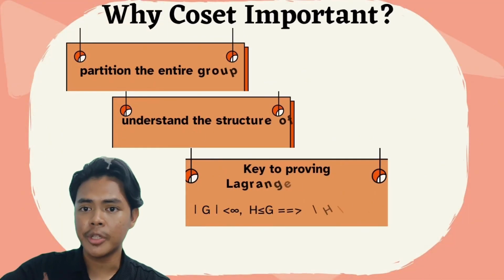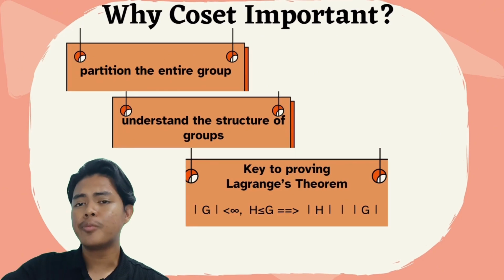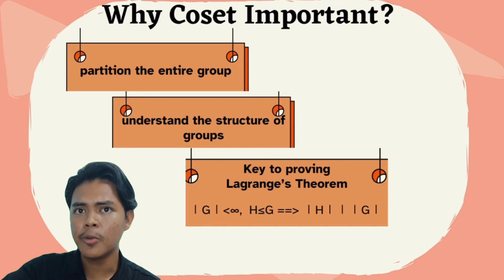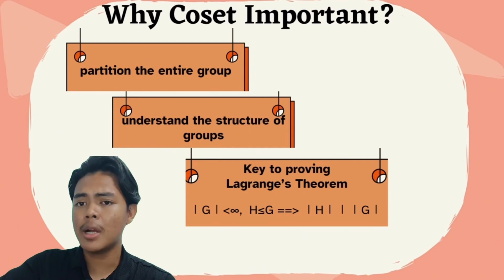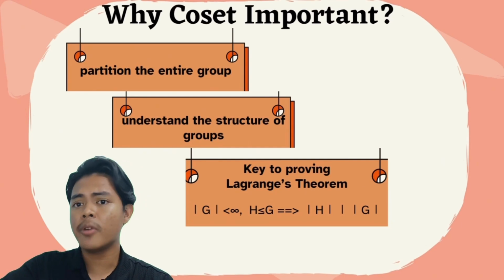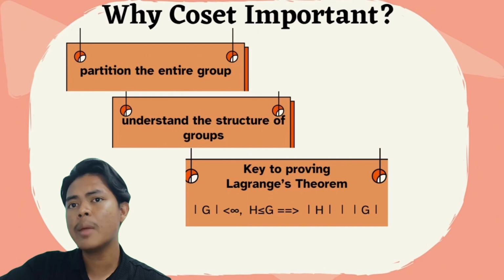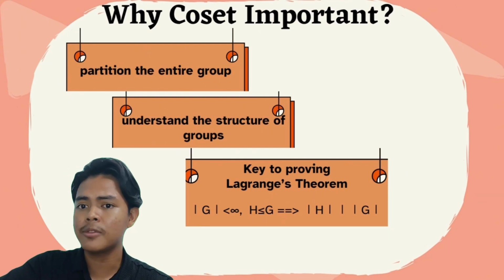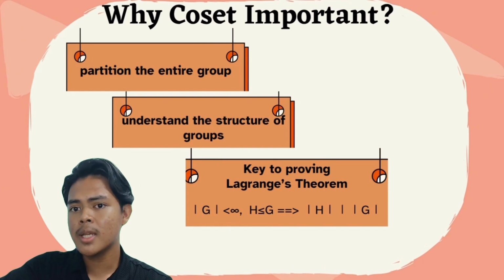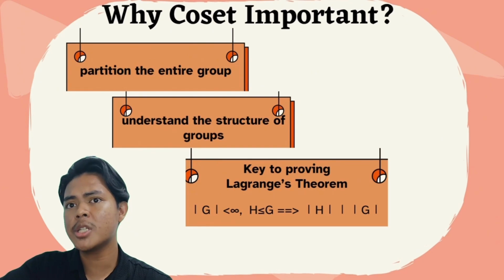Why are cosets important? Cosets are important because they partition the entire group, meaning that it separates into equal, non-overlapping parts covering G. All cosets of H have the same size as the subgroup H. Together, all cosets cover every element of group G, meaning that no element is left out or counted twice. Second, cosets help us understand the structure of groups.